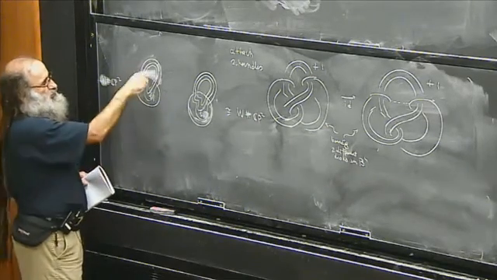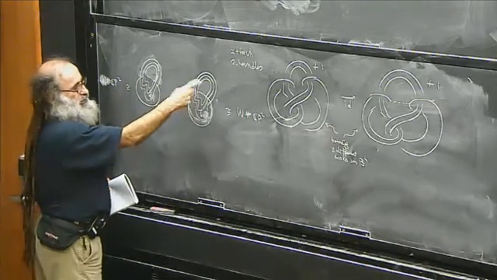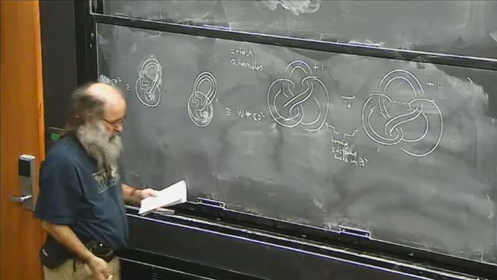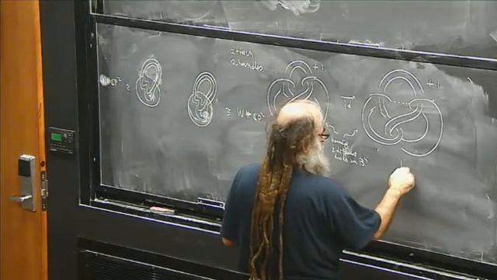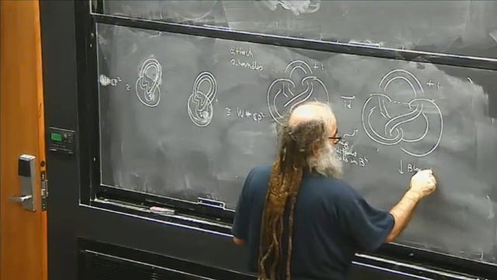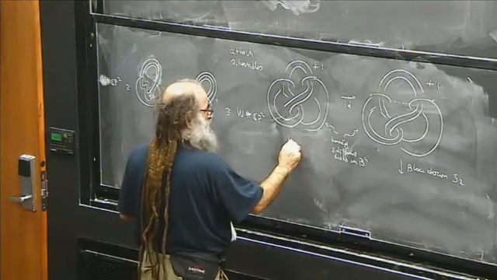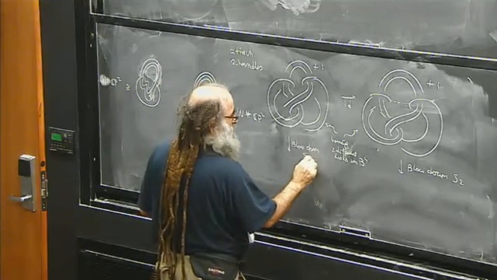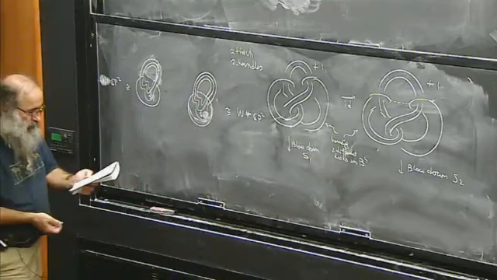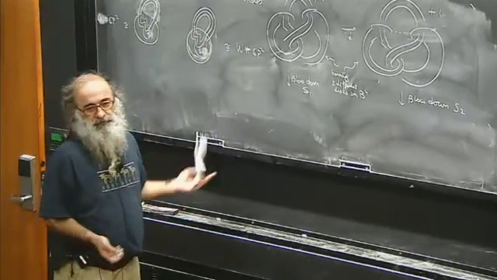So what I can do is blow this S2 down as CP1, and blow this S1 down as CP1. So you get a contractible manifold. I'll tell you what contractible manifold you get.